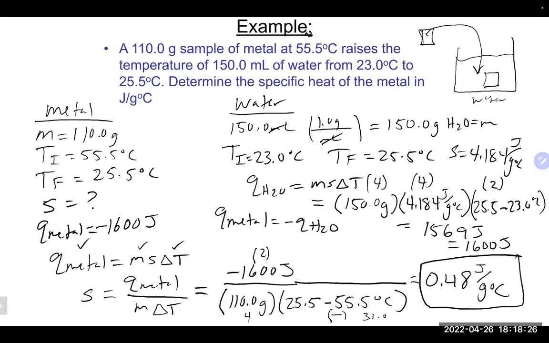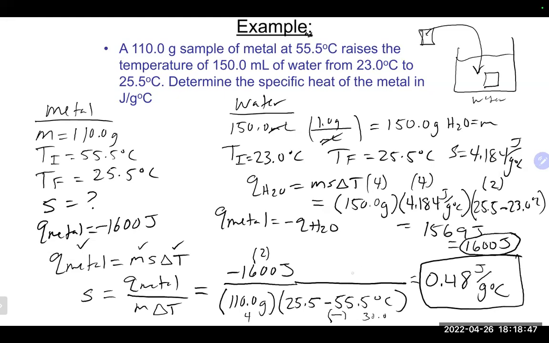It is because the water here from our calculation gained positive 1,600 joules. And again, that's because the water is endothermic, picking up all that energy. All that energy had to come from the metal, which would be exothermic. So it should be a negative value, the exact same amount of energy, just negative because it is exothermic.